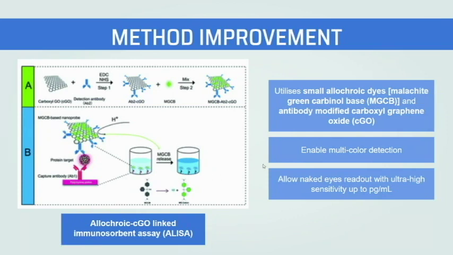Another benefit of this technology is that it enables multicolor detection, which means imagine you have different sets of this structure with different allochrome dyes and detection antibodies, so that in one solution you can have different colors indicating that you can detect different types of protein or antigens at the same time.